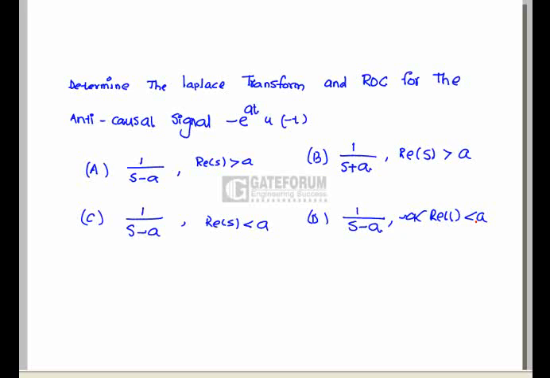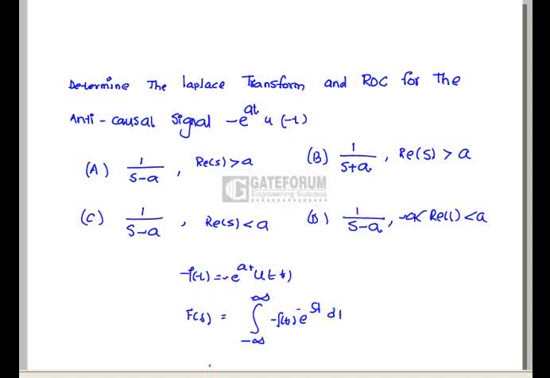Determine the Laplace transform and ROC for the given anti-causal signal minus e power at u of minus t. Here the Laplace transform, suppose f of t equals e power at u of minus t. F of s is given as integration from minus infinity to infinity f of t e power minus st dt.